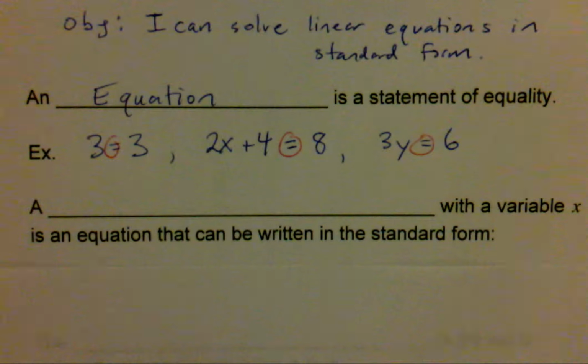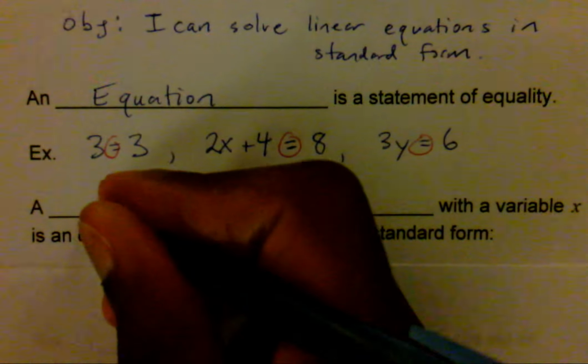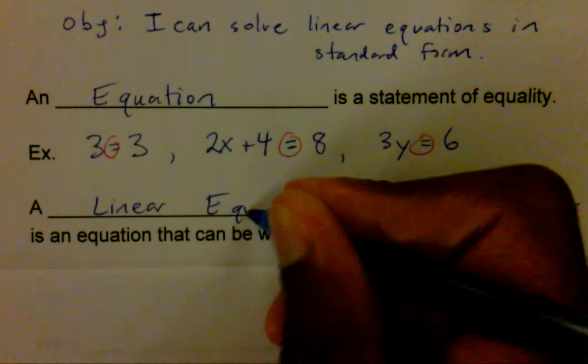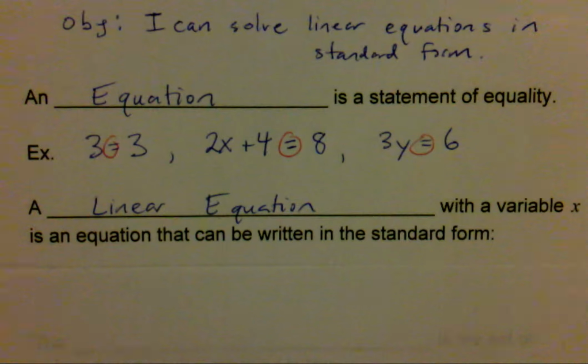Our next important term is what we're focusing on for this unit, and these are linear equations. A linear equation with a variable x is an equation that can be written in standard form.